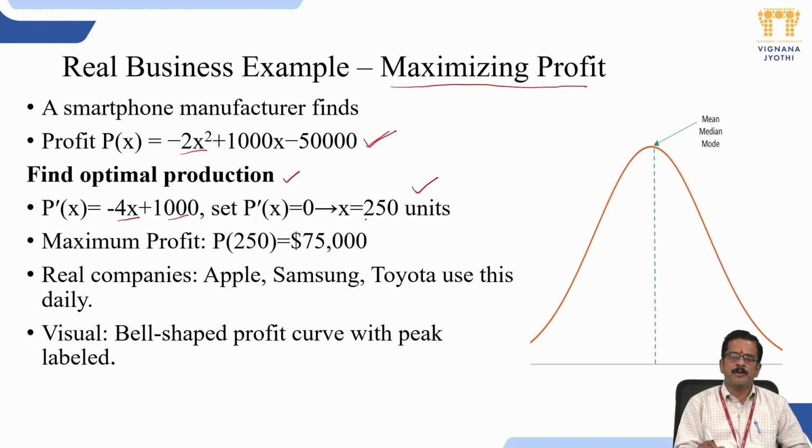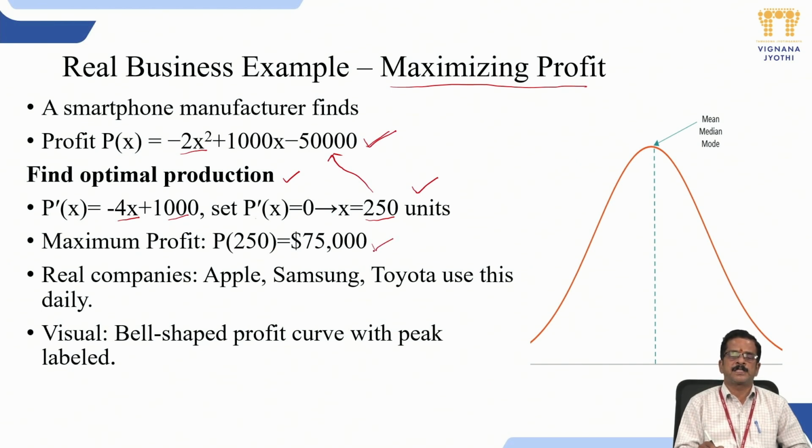If he manufactures this many units per day, his profit will be maximized. The profit function is p of x equal to minus 2x square plus 1000x minus 5000. If you put 250 in that function, then p of 250 on evaluation gives $75,000.